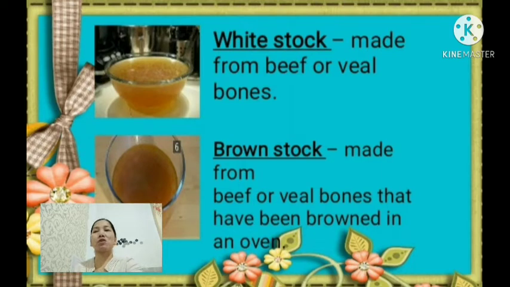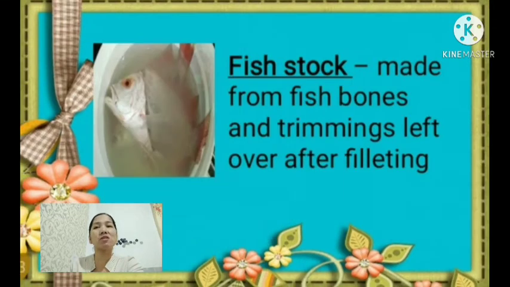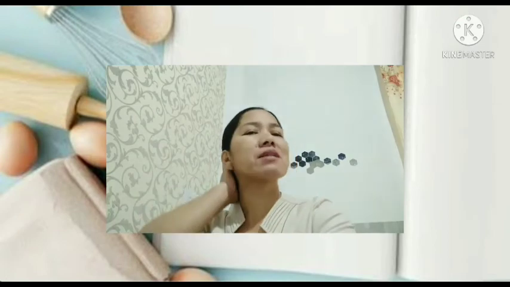Kaya siya naging kulay brown. Okay, yung next type of classification of stock is the fish stock. Fish stock because galing siya sa isda. It is made from fish bones and trimmings left over after filleting. So sa mga buto-buto ng isda.